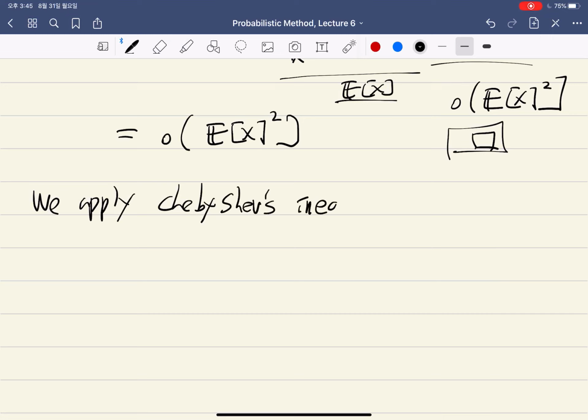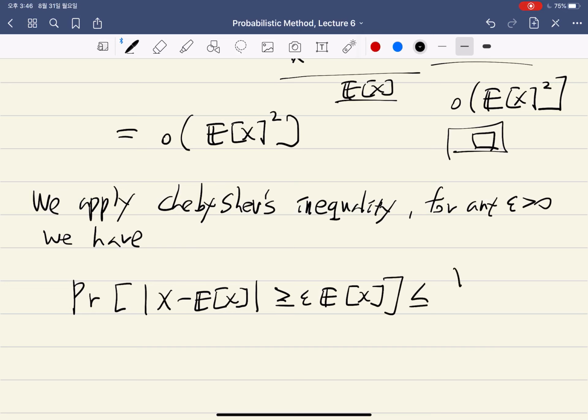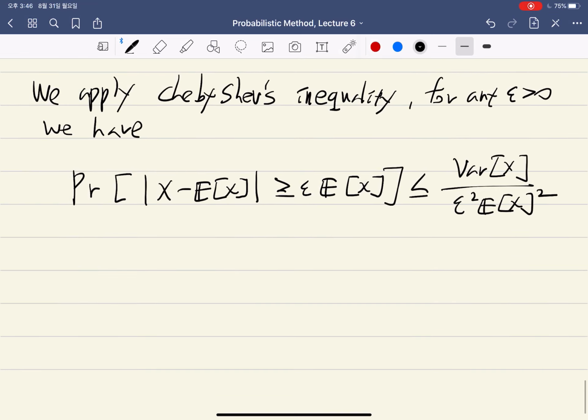Chebyshev inequality: for any epsilon, the probability of X deviating from its expectation too much is bounded by the variance of X over epsilon squared times expectation squared.